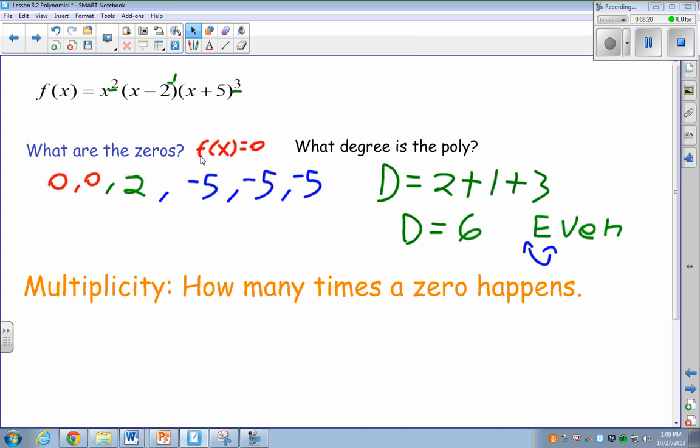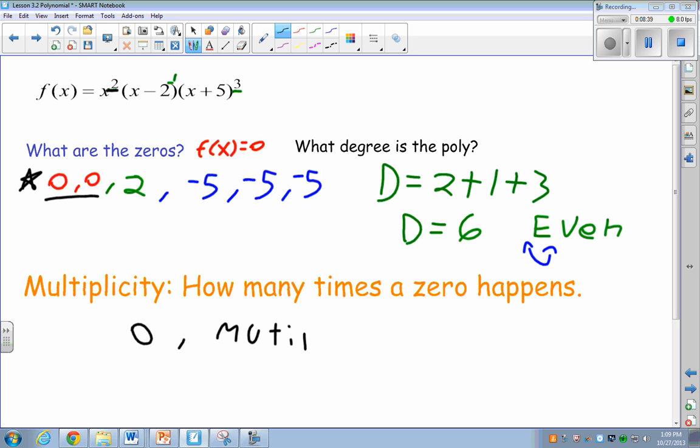Okay, multiplicity. How many times 0 happens? So up here are zeros. And so here, since we had 2 zeros, because our exponent was 2, our multiplicity for 0 is 2. All right, just like this.